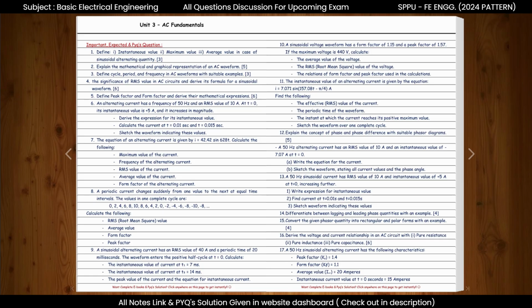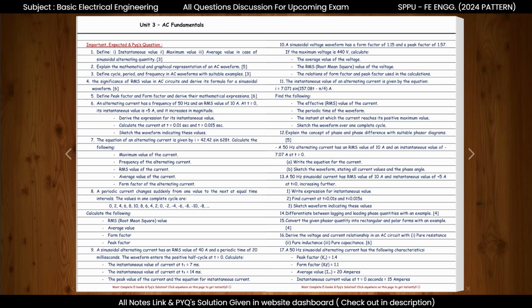Calculate RMS value, average value, form factor, and peak factor. This type of question involves stepwise calculation of RMS and average by using the definitions of each factor. Alright, let's move on to our next important topic, sinusoidal current calculation.